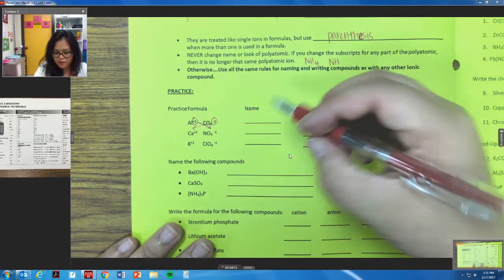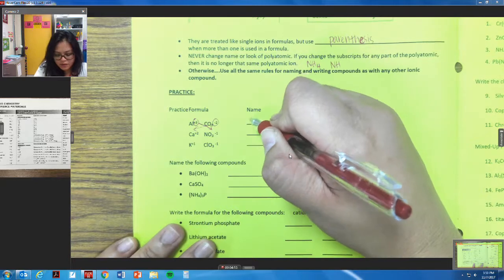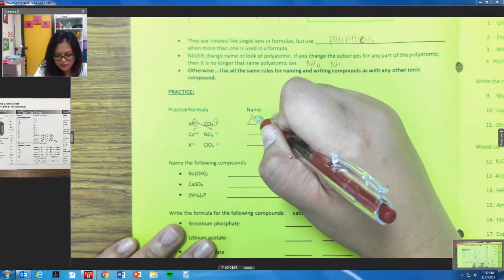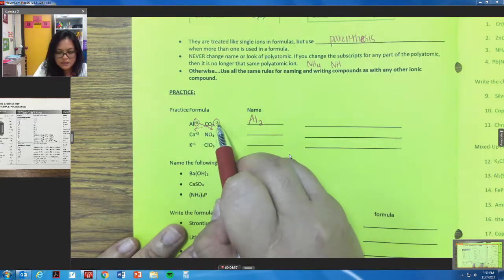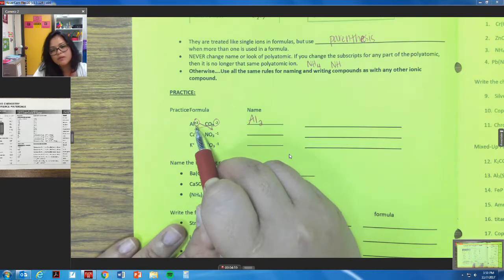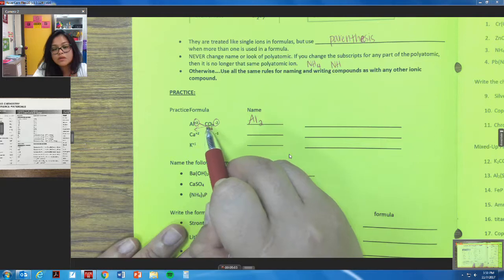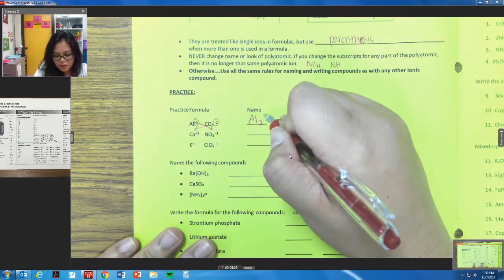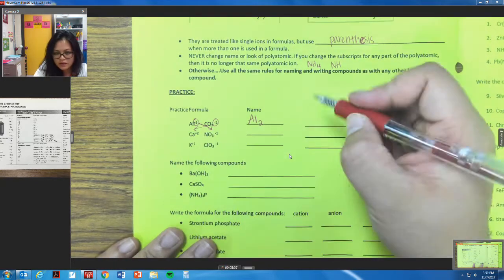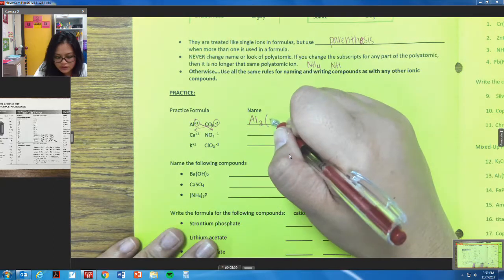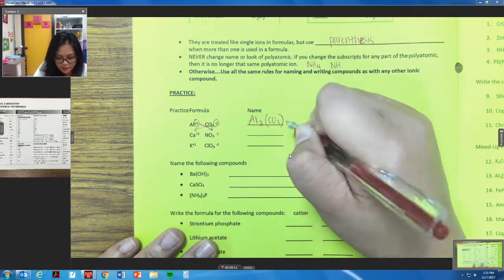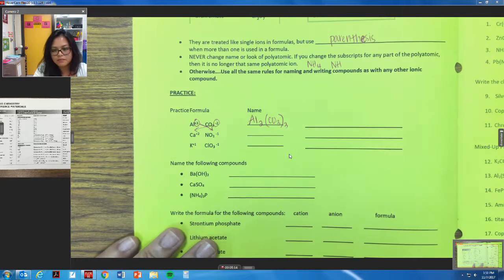So our formula is going to be Al2, because that 2 is now a subscript for aluminum, and 3 is now going to become a subscript for CO3. Remember, we have more than one CO3 now, so parentheses, CO3, and 3.